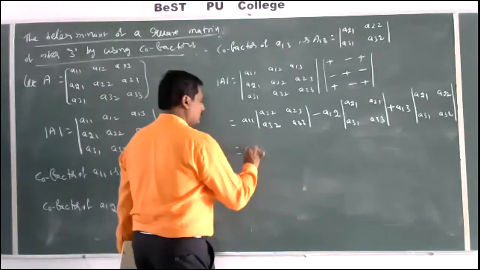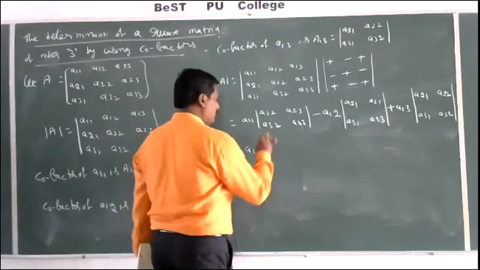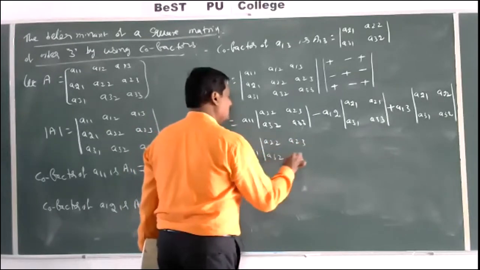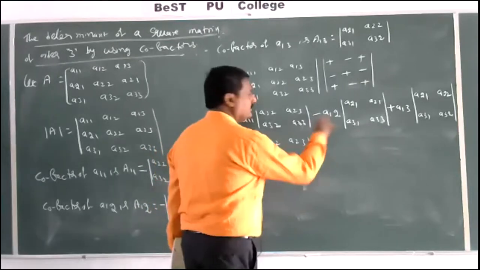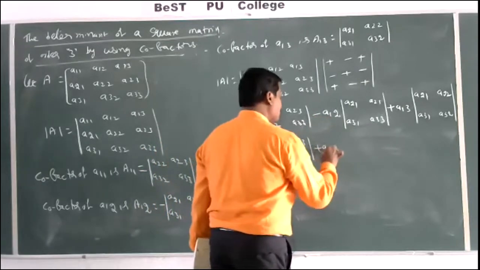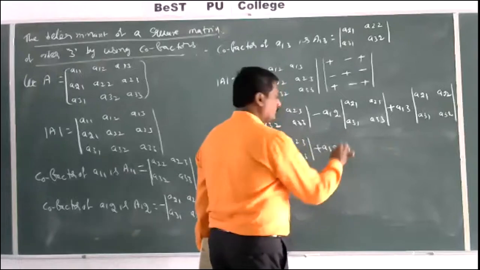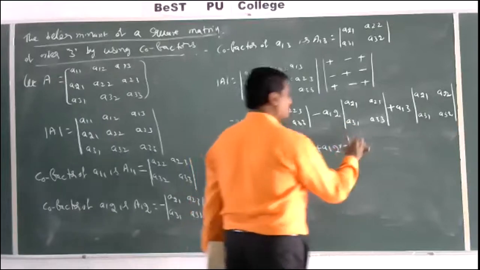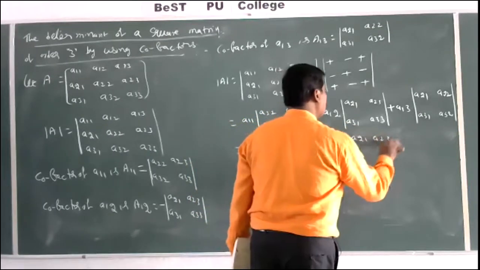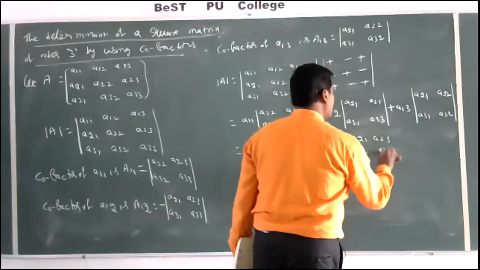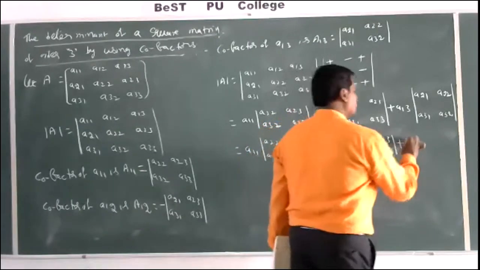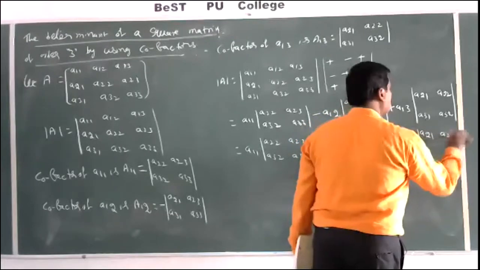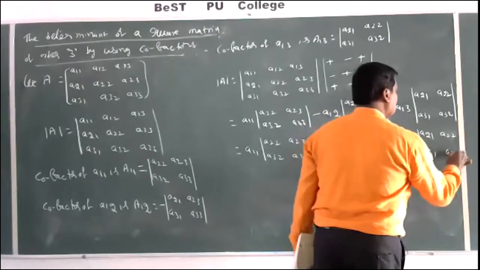This I can rearrange: A11 times the determinant of A22, A23, A32, A33, plus A12 times minus of the determinant of A21, A23, A31, A33, plus A13 times the determinant of A21, A22, A31, A32.